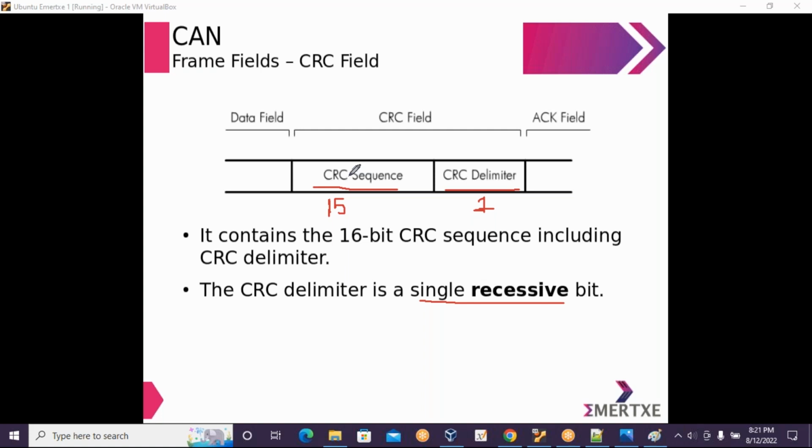You don't have to worry about it. The CAN protocol itself, using a polynomial method, calculates 15 bits, a sequence generated depending on the data you are transmitting. Whatever data you transmit, the CRC sequence is calculated accordingly and sent. After receiving the data, the receiver also generates a CRC sequence and compares it with the CRC sequence that was transmitted.